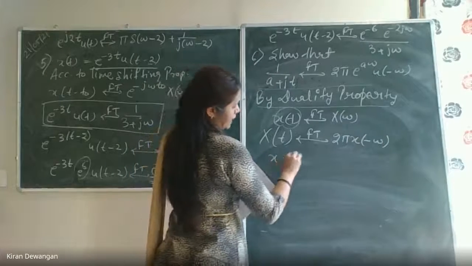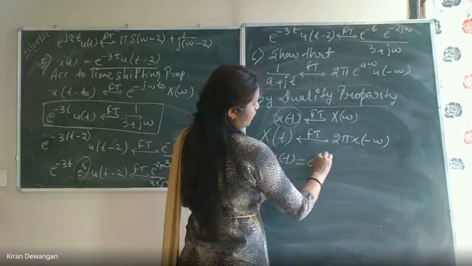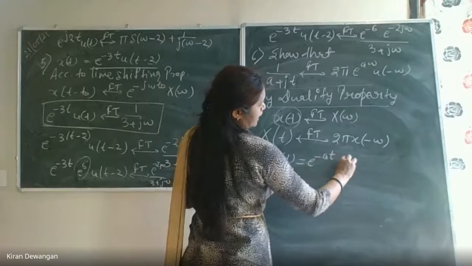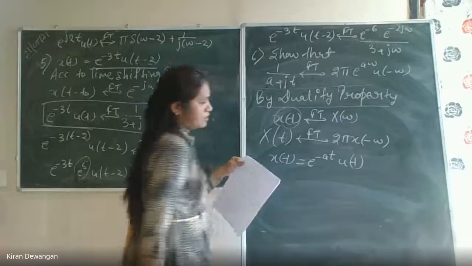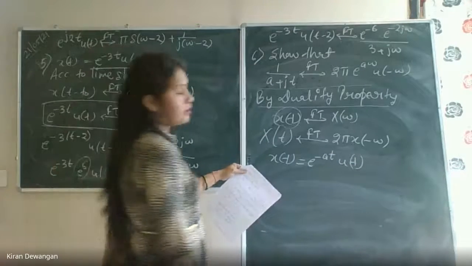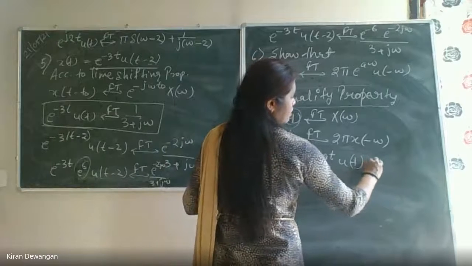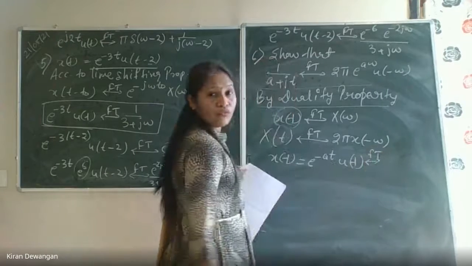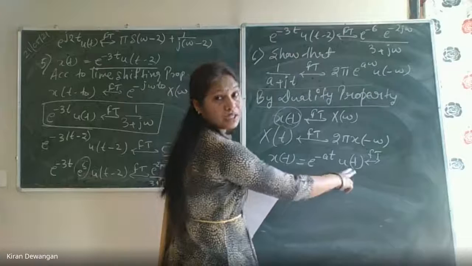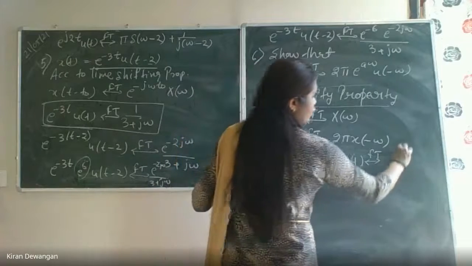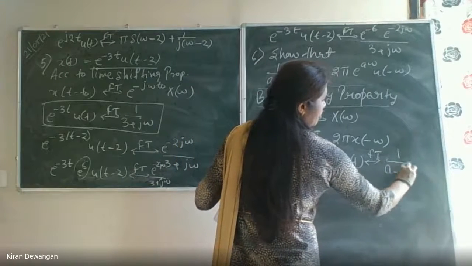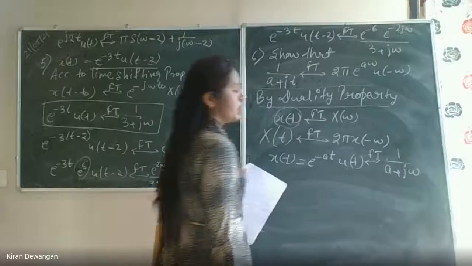Now, if my x(t) is e to the power minus at u(t), if this is my x(t), then in that case, what is the Fourier transform of it? We already know e to the power minus at u(t) will have the Fourier transform 1 by a plus j omega, right?